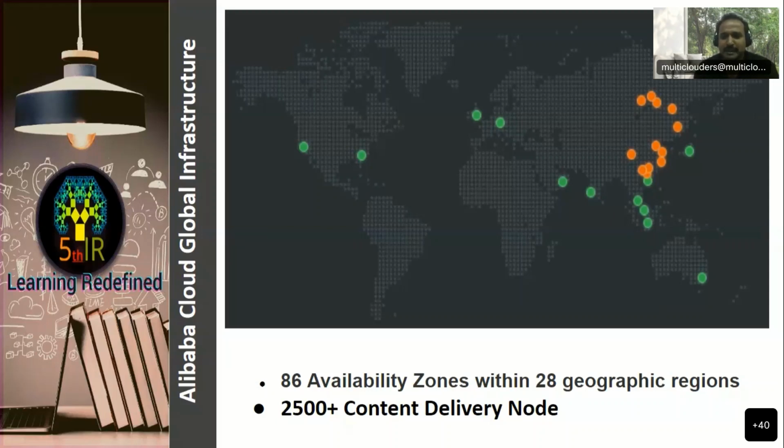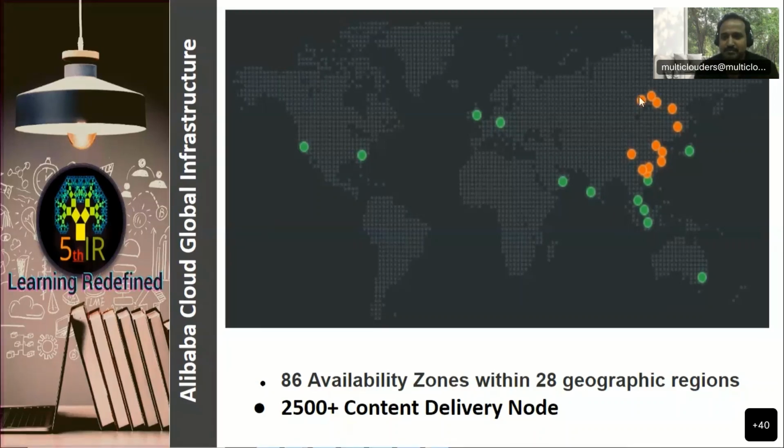And moving to the content delivery node, Alibaba Cloud has 2,500 plus content delivery nodes. Now you have to know what a content delivery node is. Suppose you have developed a streaming application, and a large number of users are present in Singapore, and you have hosted your application in a server or data center in India, that is in Mumbai. Now you have to provide a seamless experience for the users present in Singapore.